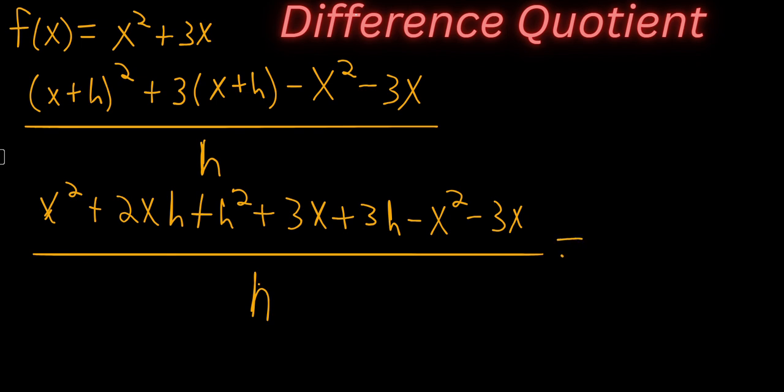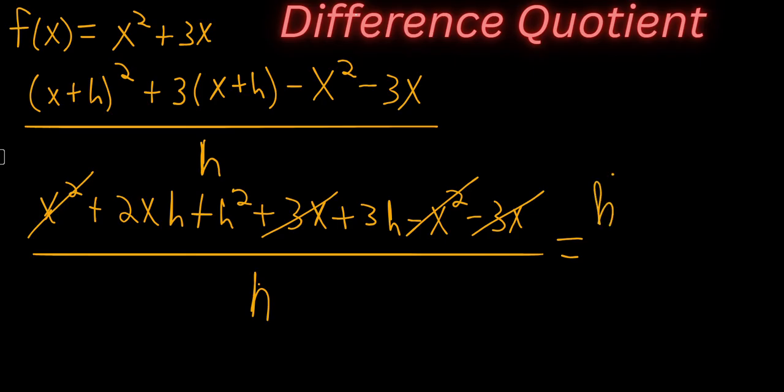So now we'll put this over here. Let's see what cancels out. Remember, we want everything that does not have an h attached to it to cancel out. So we have positive 3x and negative 3x. Good, those cancel out. Minus x squared and x squared, those cancel out. Great. So it looks like we only have h terms left.